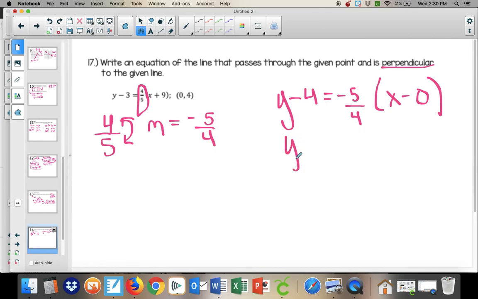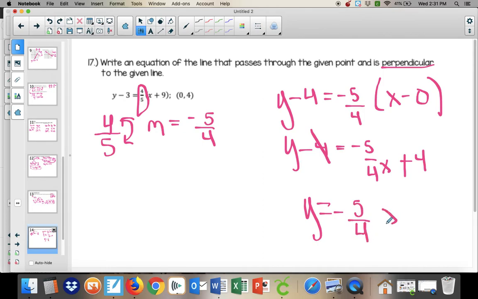Distribute out. Y minus 4 is negative 5/4 of x. Take and add 4. So your final equation, y equals negative 5/4 x plus 4. So opposite reciprocal, and it does not matter about the y-intercept.